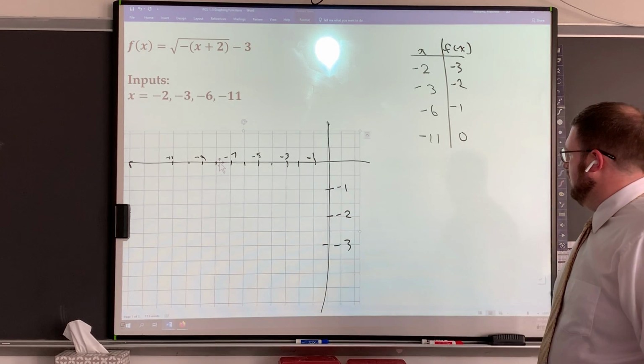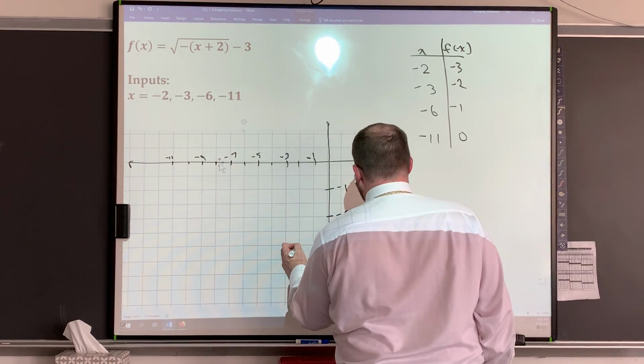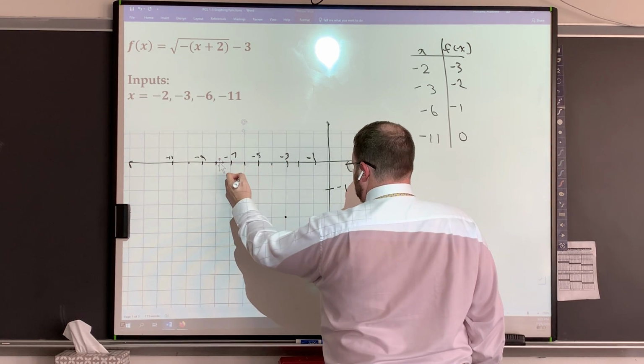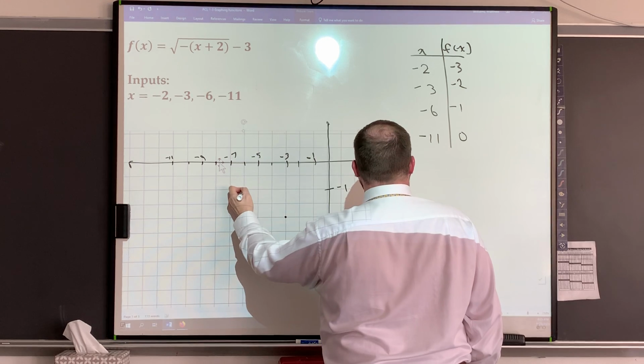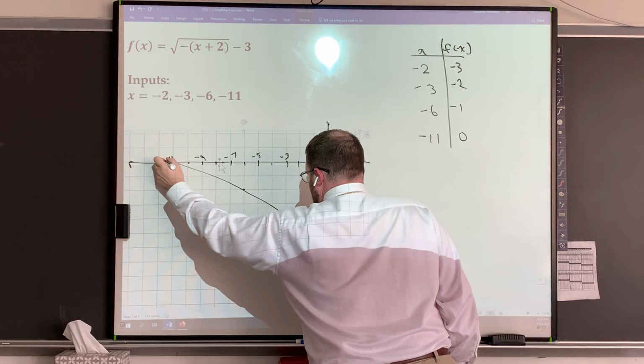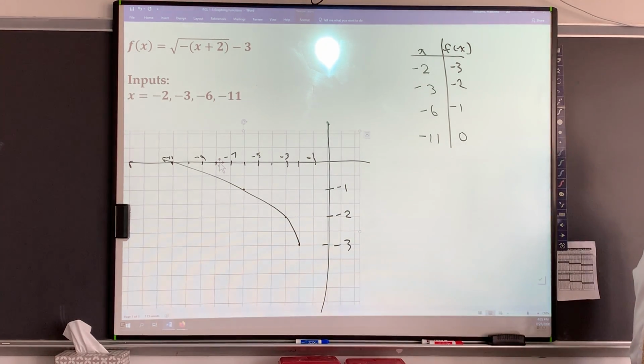Okay. And so I've got negative 2 comma negative 3. I'm going to graph that. I'm going to graph negative 3 comma negative 2, negative 6 comma negative 1, negative 11 comma 0. And I'm going to connect those. That is what my graph looks like.